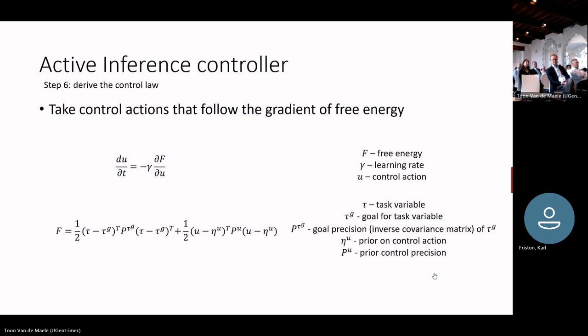Example of priors over the control. Okay, so first one is, if you put 0 here, if you put the prior 0, what it's going to do is it's going to minimize it.